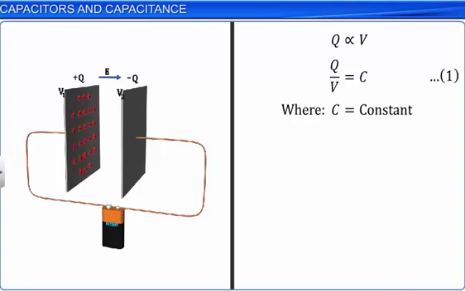Generally, the submultiple units of capacitance like microfarad, nanofarad, and picofarad are used in practical applications rather than farad, since farad is a measure of higher magnitude. The capacitor in which the value of capacitance can be changed is called a variable capacitor. The symbols for a capacitor and a variable capacitor, as used in circuit diagrams, are as shown.